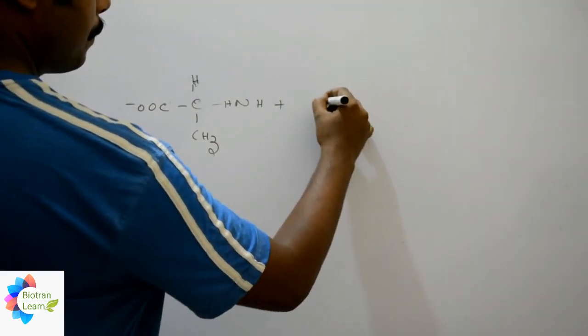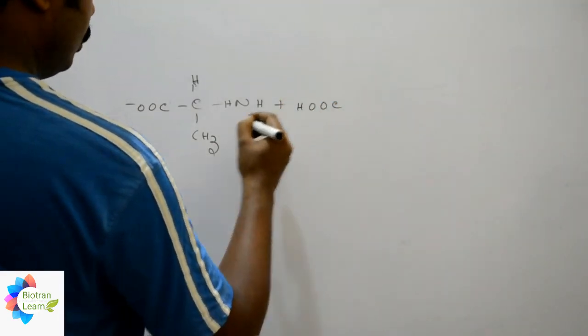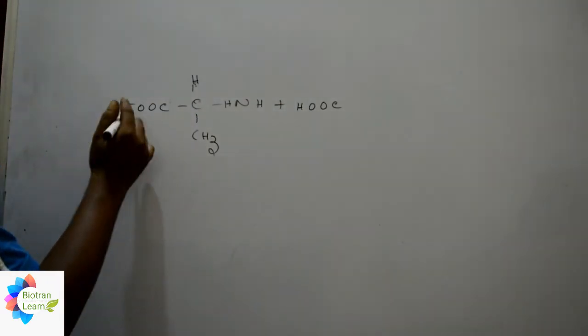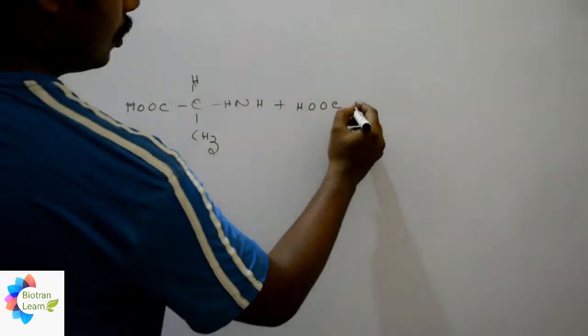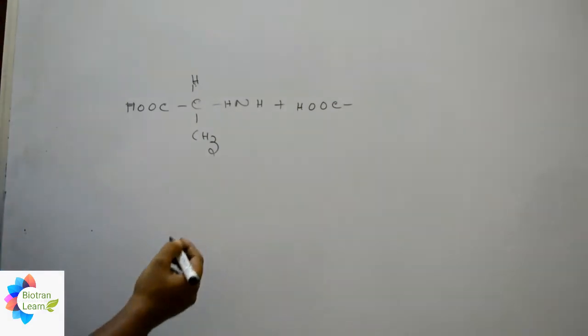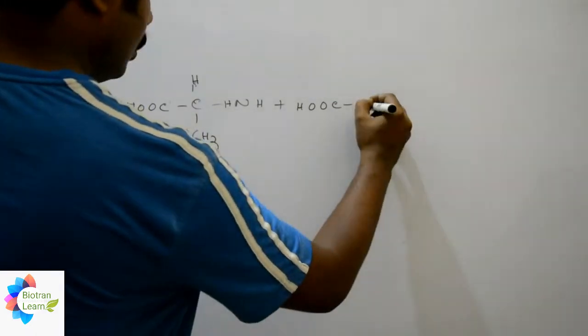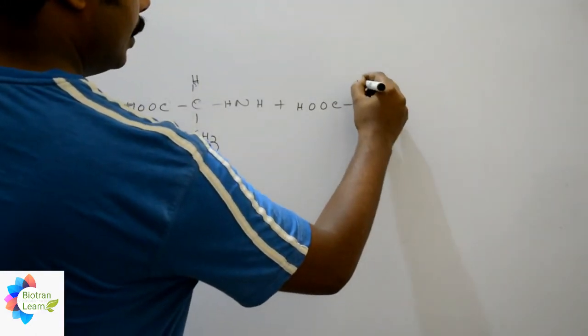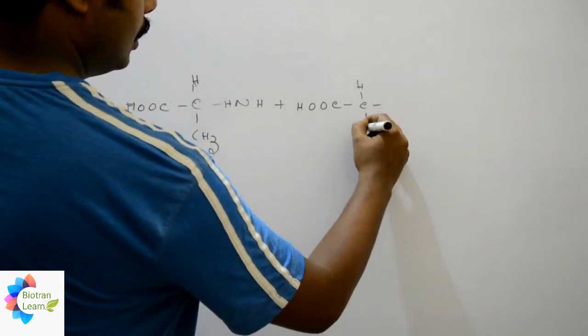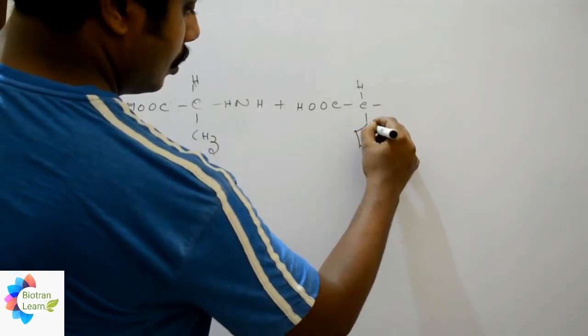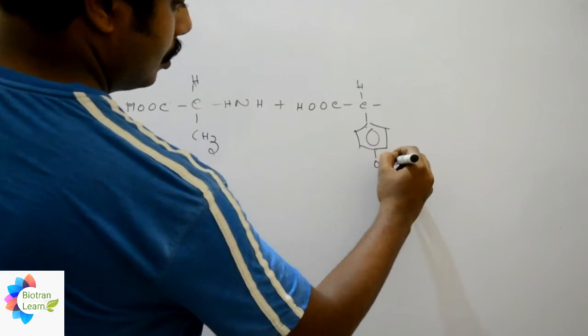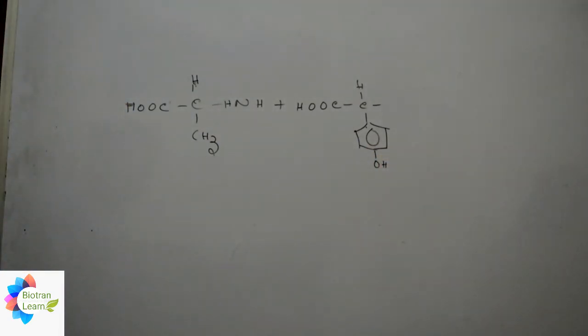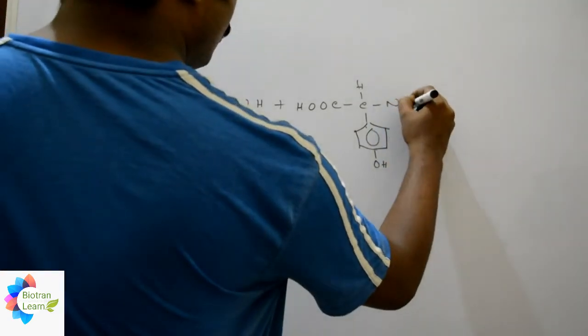The COOH of the next amino acid will take place, and suppose this was threonine, like this one. In this case, what would happen?